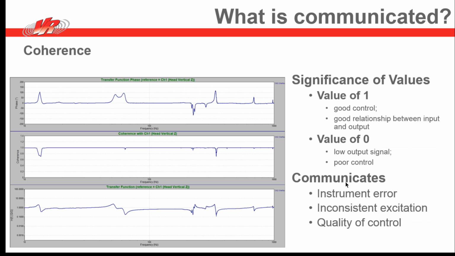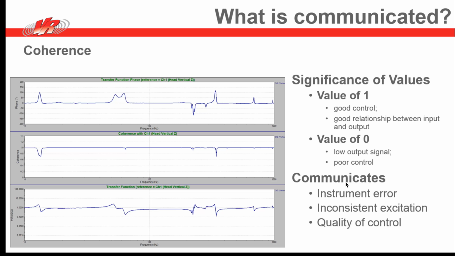What is plotted is a value of either something between a 1 and a 0. If you have a value of 1, that can teach you a couple things. There's a good relationship between the input and the output, and that may be a good indicator that there's good control. So if your controller is doing its task well, then you should have a coherence value of a 1. If the value is low, close to 0 or a value of 0, then there's very low output signal, and it may be indicative of very poor control or of some other issues.